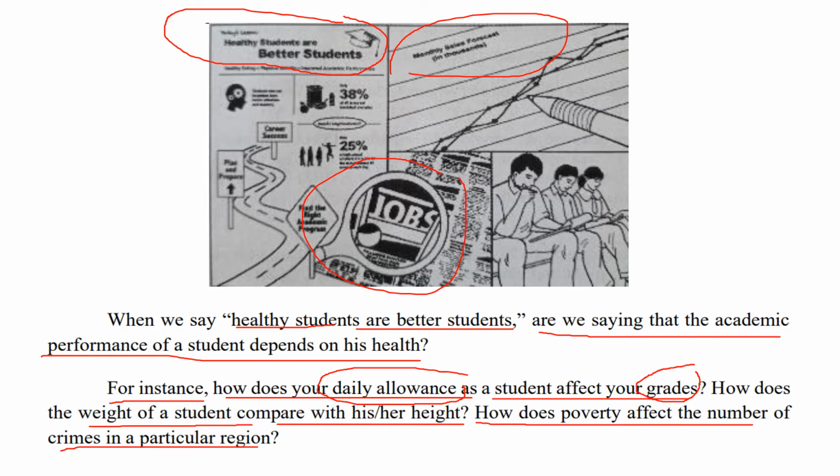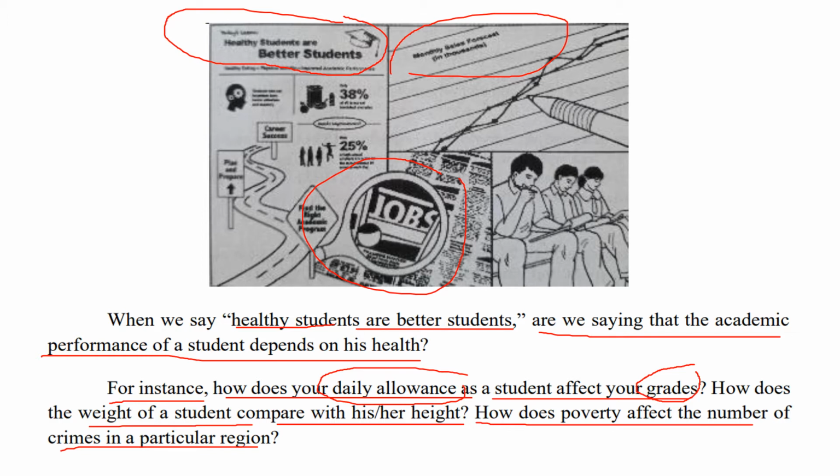If someone asks you what are the real life applications of correlation and regression analysis, these are some of the real life situations that require decision making that will be discussed in this video lesson.